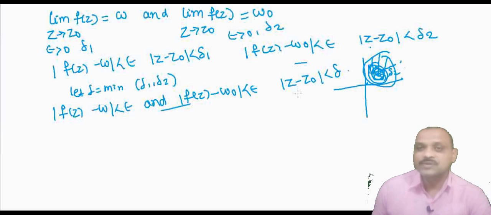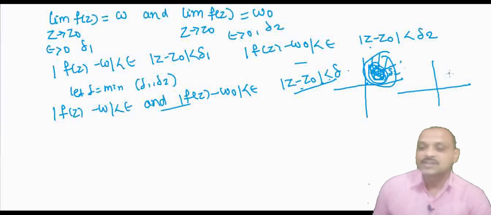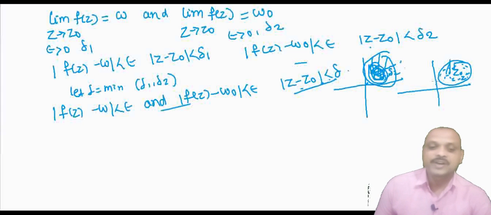For these values of the neighborhood, we have taken the common region. This is the point z0 at the center, and this is my delta. For these values of z, the distance between f(z) and w is less than epsilon and between f(z) and w0 is less than epsilon. So for this region, this condition is satisfied.